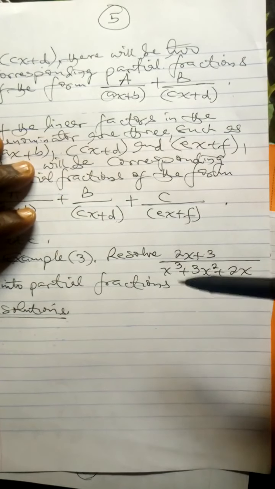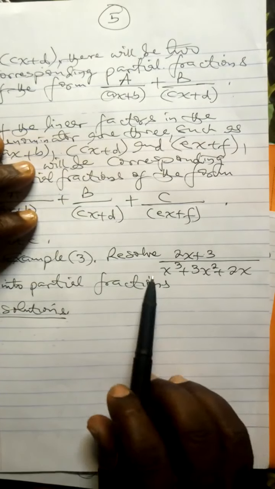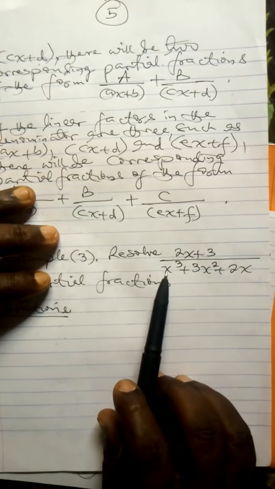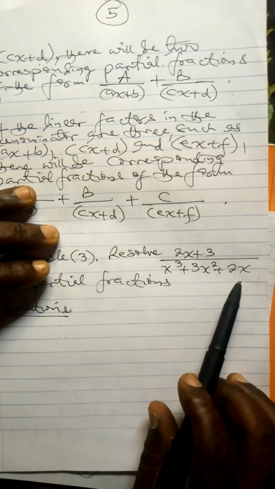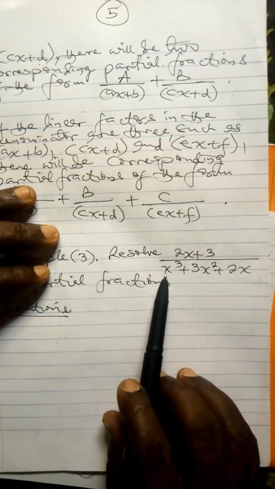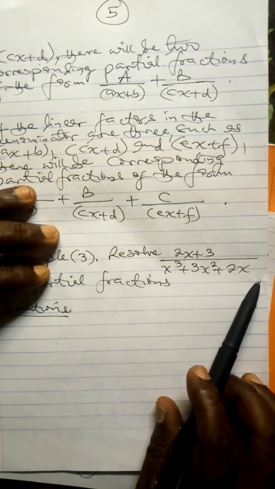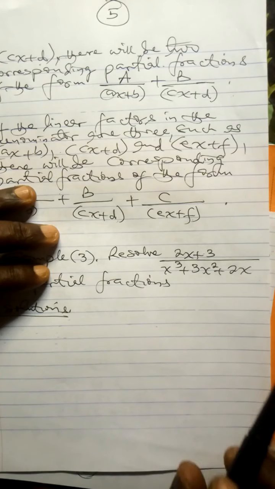So we'll go straight. Then the second thing you have to look at is the nature of the denominator. The denominator is a polynomial of degree 3. Then you ask yourself, is this polynomial factorizable? If yes, you must factorize it first.